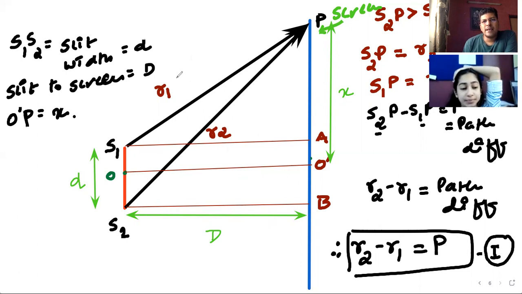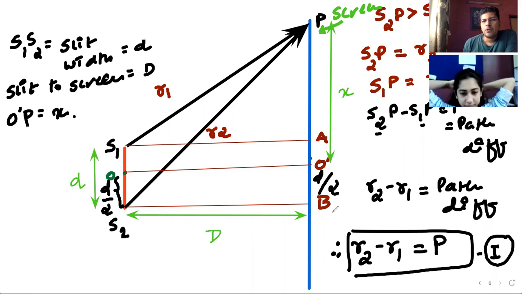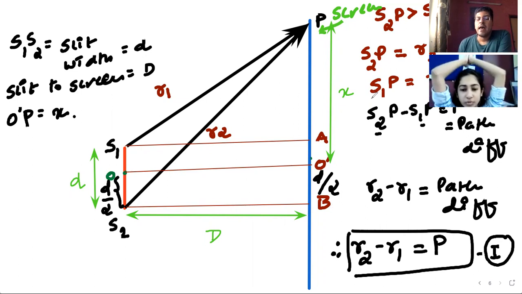O dash to P distance is X, but O dash to B distance I don't have. તો આપણે લેફ્ટ સાઈડમાં જો S1 S2 is entirely, if it is a small d, so can I say that O S2 is d by 2? Okay. So I can have now entire my PB is available to me. X plus d by 2.